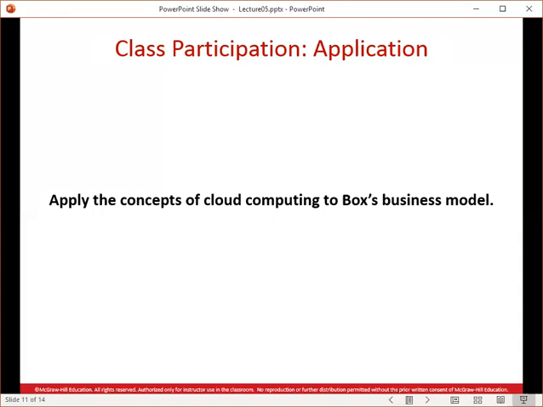Cloud computing has changed not only the way businesses operate, but also the way people interact with technology. Cloud computing refers to the use of resources and applications that are hosted remotely on the internet. The term comes from the image of a cloud used to represent the internet.